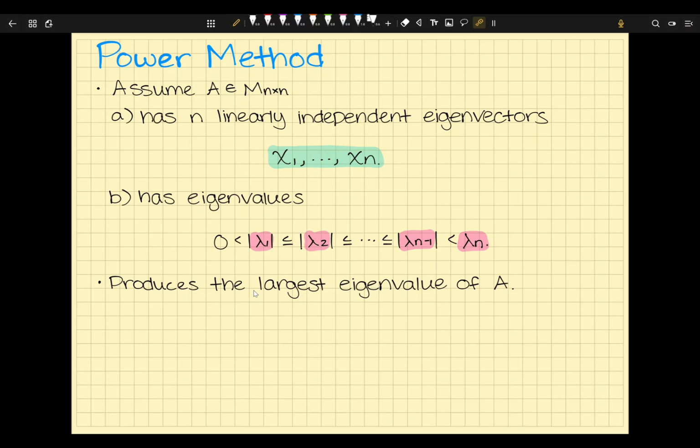So this u is our initial guess for an eigenvector. Because our eigenvectors are linearly independent, we can write u as a linear combination of these vectors.